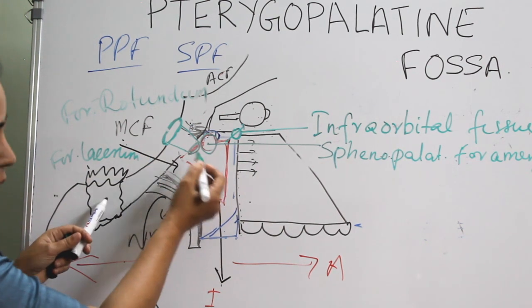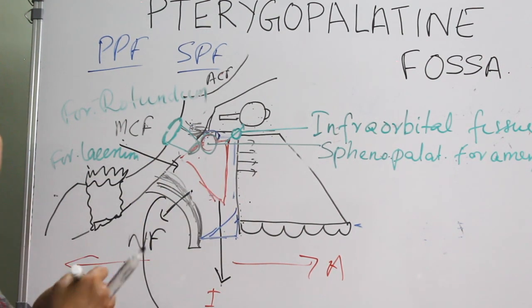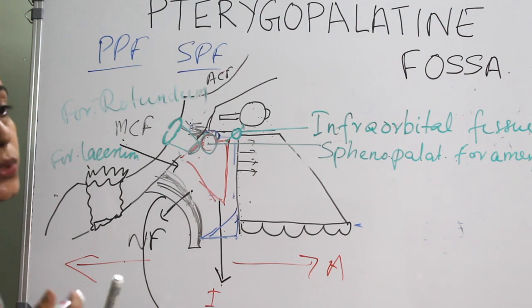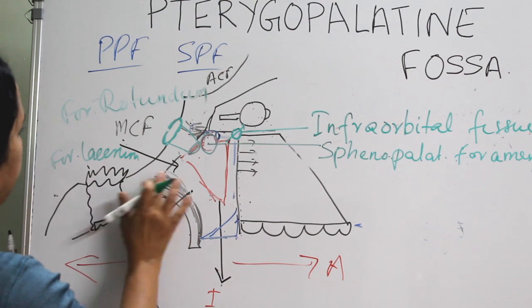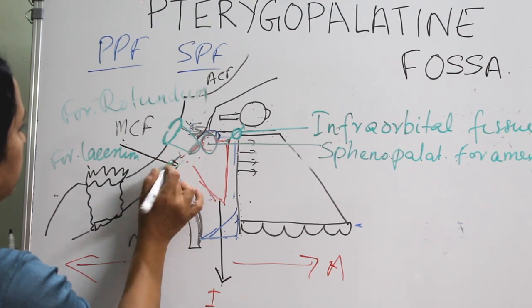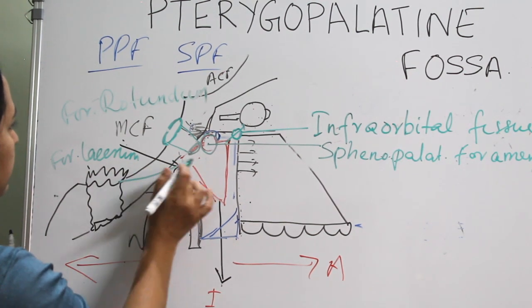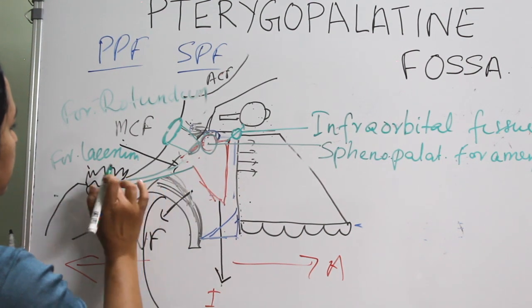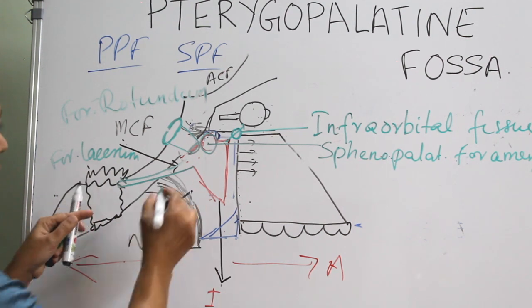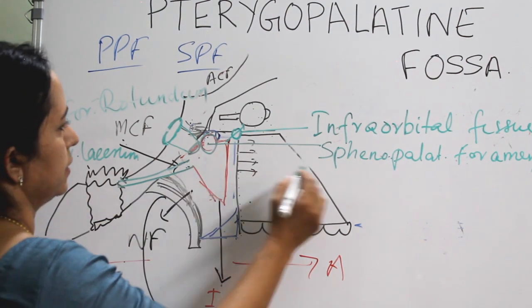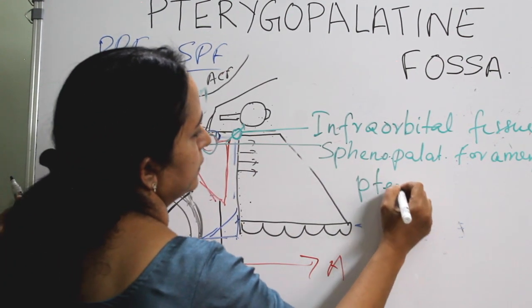So this pterygopalatine fossa has connection with the foramen lacerum through what? Through the pterygoid canal, from here to the upper part of foramen lacerum. So this one is the pterygoid canal.